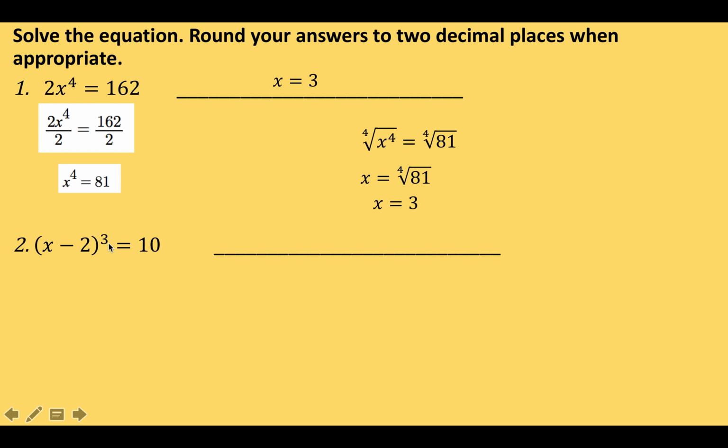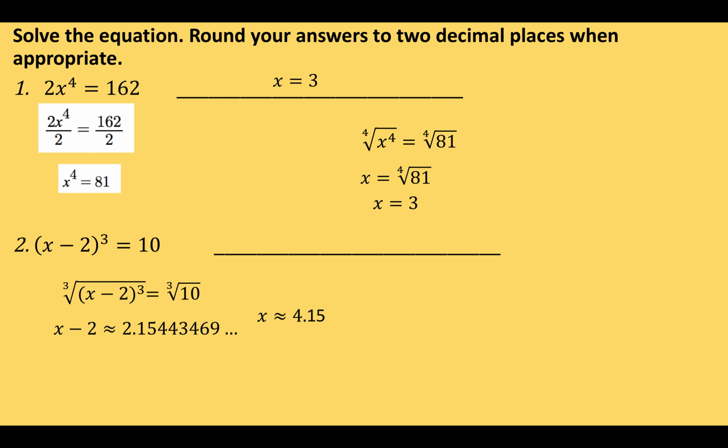So we want to get rid of our third power, so we can simply add this 2 to both sides. So first, take the third root of both sides, and you get approximately 2.15, and so on and so forth. And you're going to add 2 to both sides, so your x ends up being approximately 4.15.